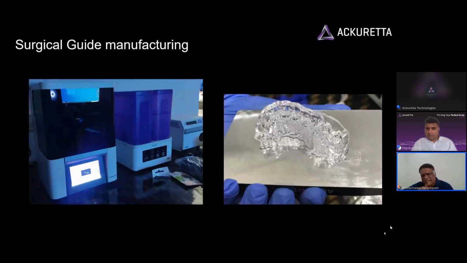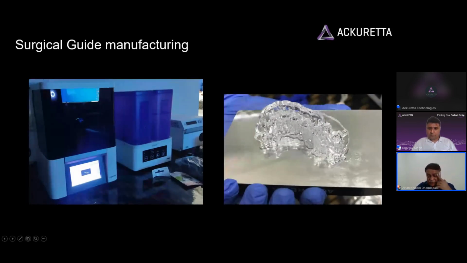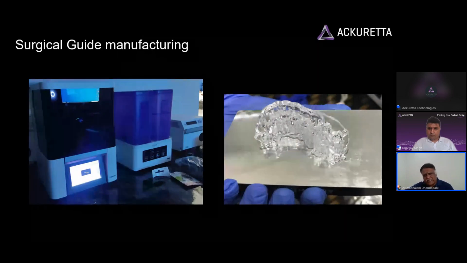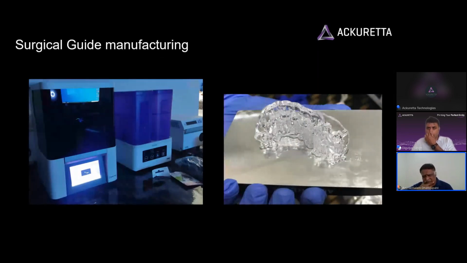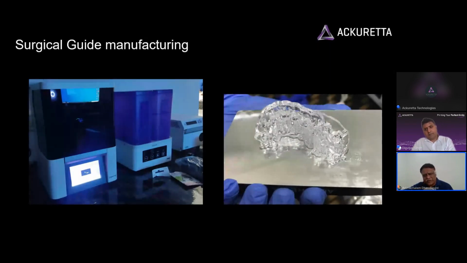Surgical guide manufacturing is a pretty interesting and enthusiasm-involving field. There are many different types of printers, and today, if you look at what you really need, you need an accurate printer, which has a good level of accuracy and resolution, and is able to print with an acceptable surface roughness.